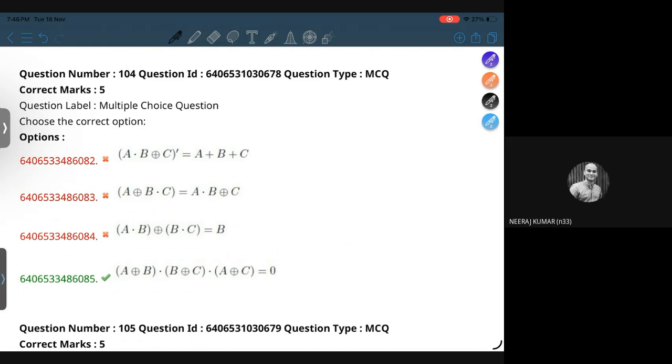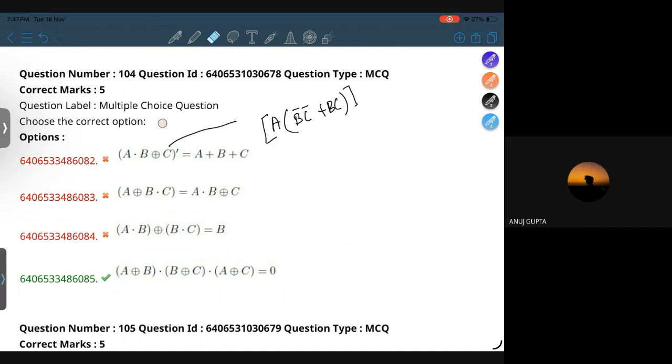We just have to use the formulas. So this is A and B XOR C, right? This is not XOR, XNOR actually. B complement C complement, B C. No, this is XOR. This is not XNOR.